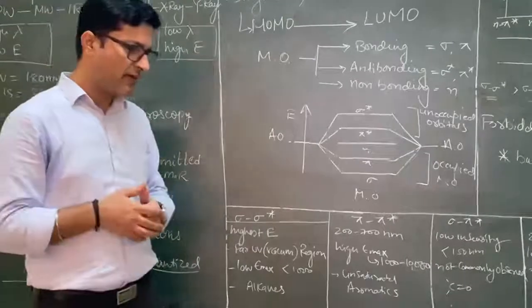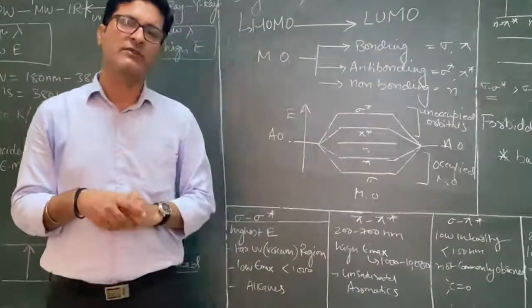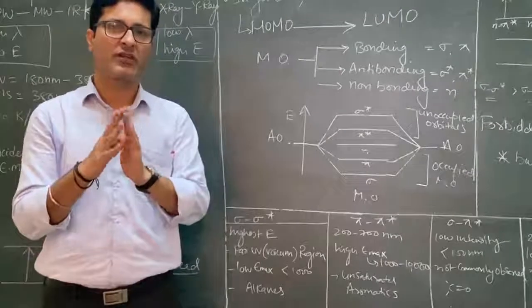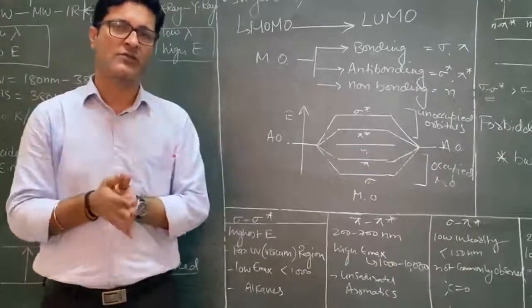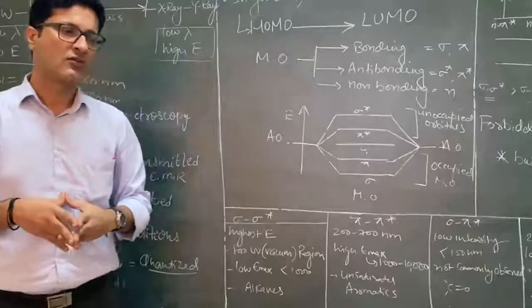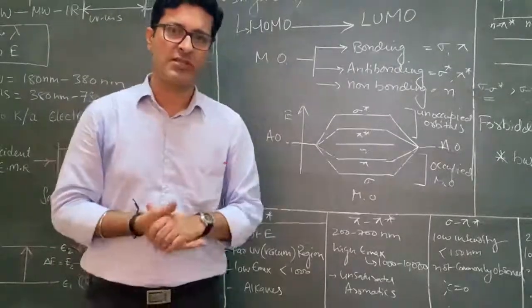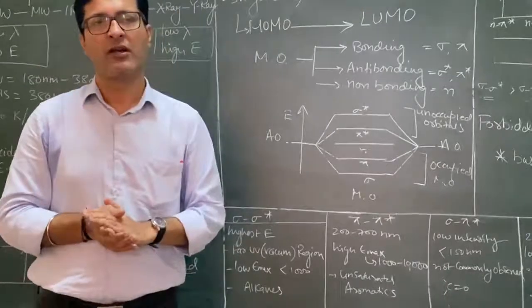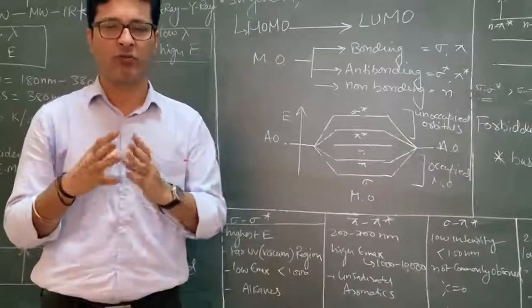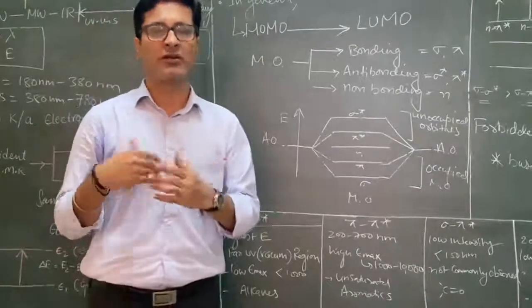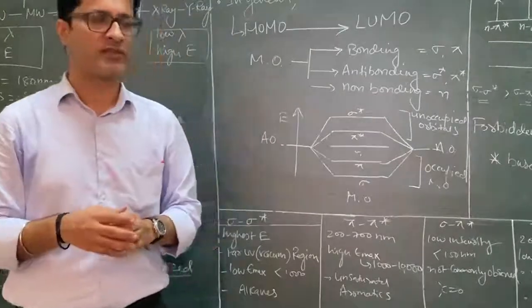The problem in the far UV region, below 180 nanometers, is that atmospheric oxygen also absorbs this UV light. So to carry out an investigation in the far UV region, we have to apply a vacuum to evacuate all the atmospheric oxygen, so that it may not disturb your results.